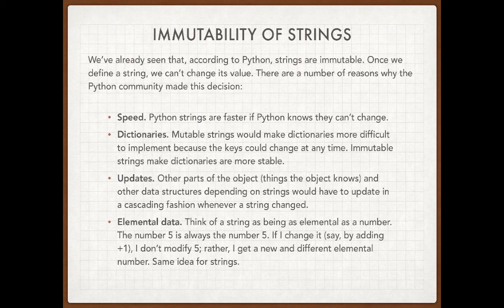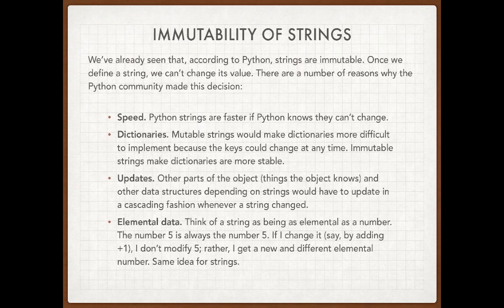One of the things that I was reading was that we should actually change the way that we think about strings, that we should think about them as being elemental and primitive and basic and in some sense atomic as a number. So if I have the number 5, it's always the number 5.